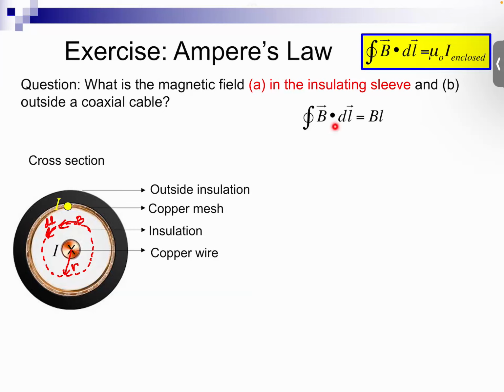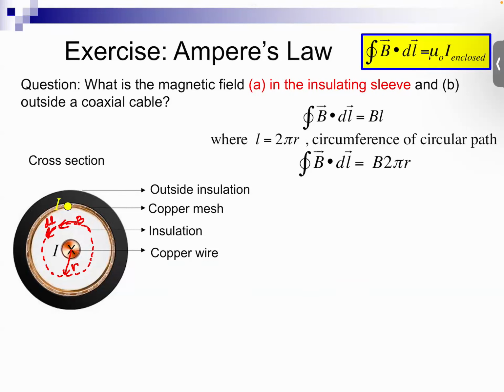So B dot dL is equal to BL, where L is the length of the integration path that you drew. Your integration path is a circle, so the length is the circumference of the circular path, 2 pi r. r is the arbitrary radius of that circular path. Good, right? Okay, so the left-hand side of Ampere's law is B times 2 pi r.